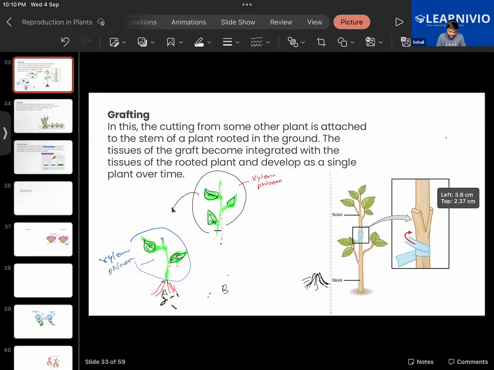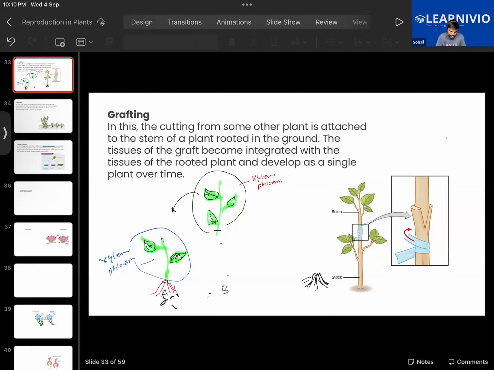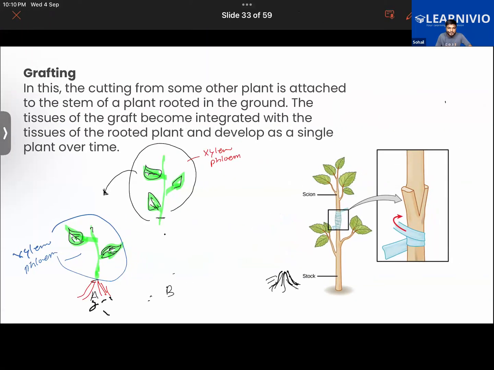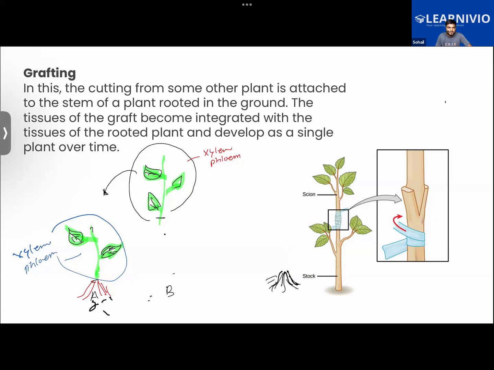Sir, grafting is like we can change the type. For example, you have a different type of mango, and then we use a different type of mango, and tie it up like this, and then you can also grow.